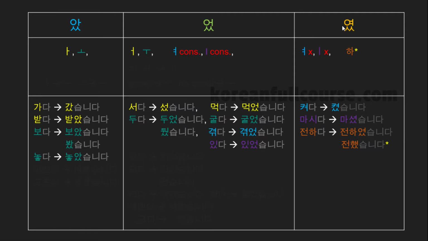You must be a little confused because of the assimilation that you saw in some verbs. So this is how it works. First of all, assimilation takes place only if a stem ends with a vowel, okay? If the stem ends with a consonant, then there is no assimilation. In the verbs 받다, 놓다, 먹다, 굴다, 겪다, and 있다, these stems end with a consonant.